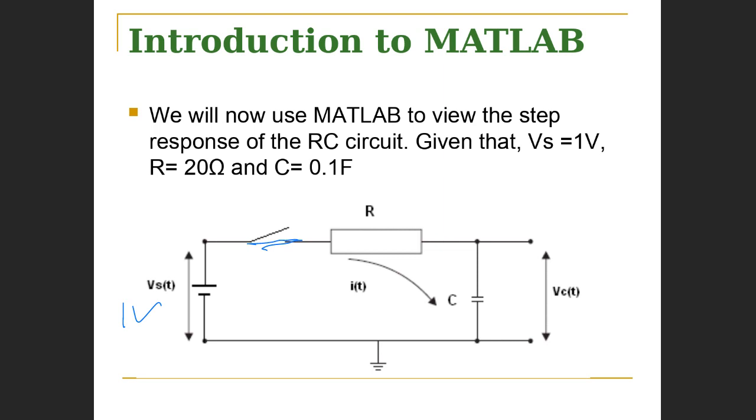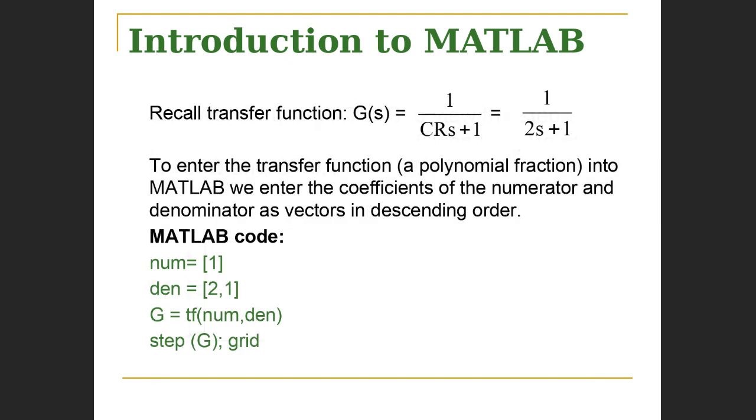Now here we're giving this circuit a little bit more character. We're making it unique by providing the values of the components. In the example that we did, we had generic terms, C and R. Here we have specific values, R being 20 ohms, C being 0.1 farad. Let's see how we analyze the system in MATLAB.